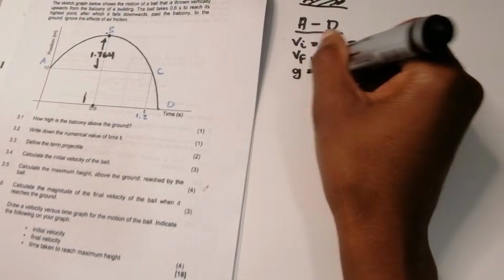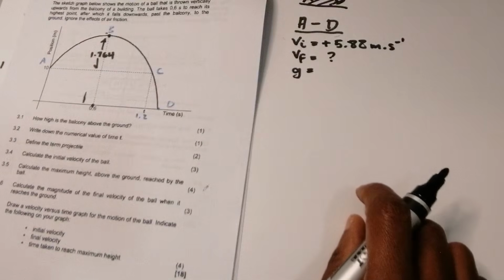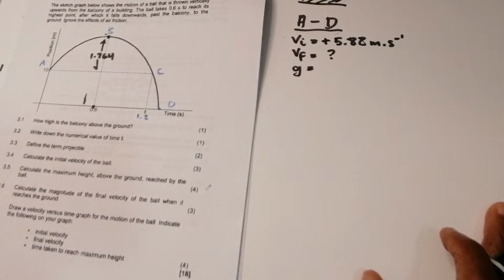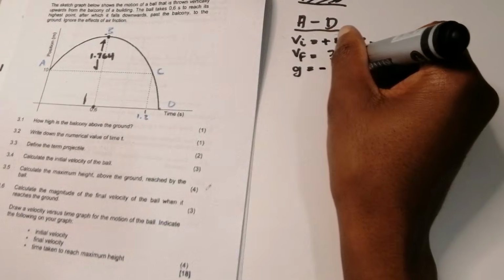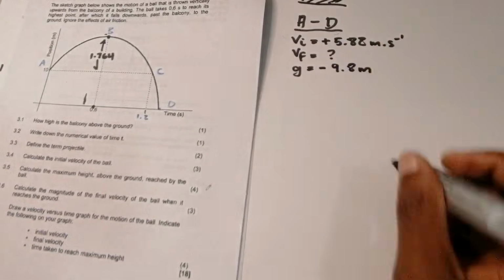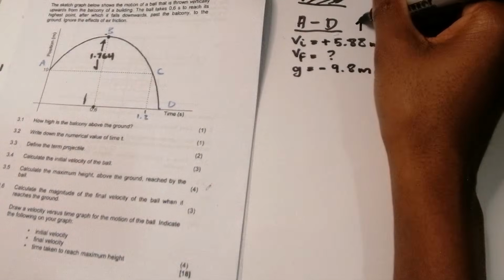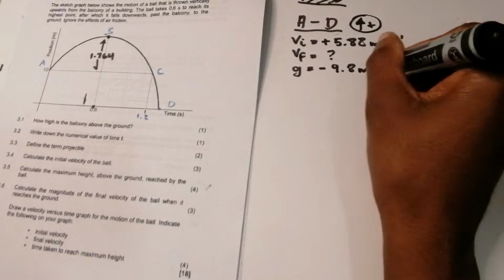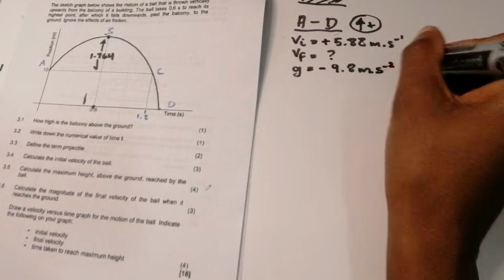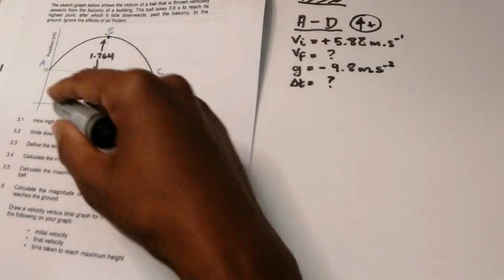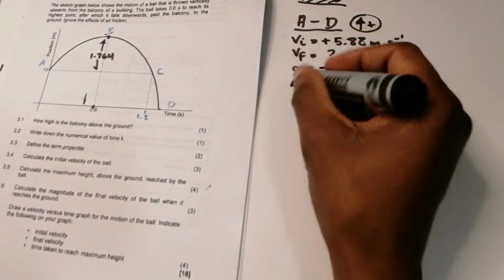Gravitational acceleration: please remember that the value of gravitational acceleration never changes. So in this case, we simply stick to minus 9.8. Why is that? Because remember, we said upwards is taken as positive, so that's 9.8 meters per second squared. And what about the time? We didn't know the time that it took to get to the ground.